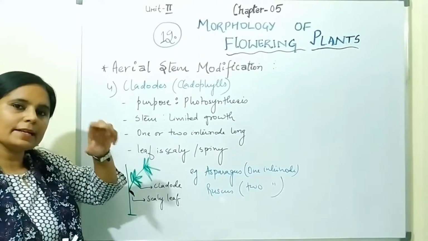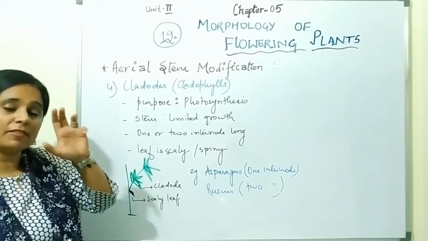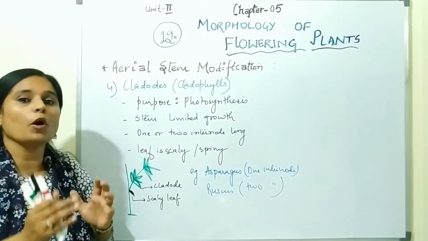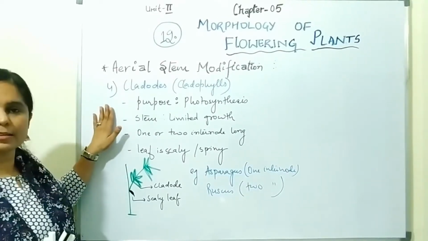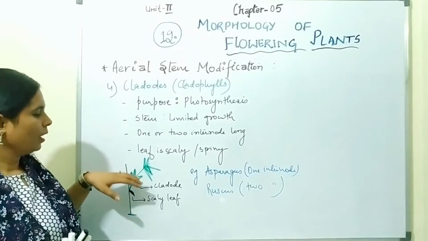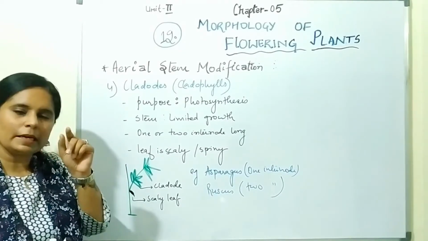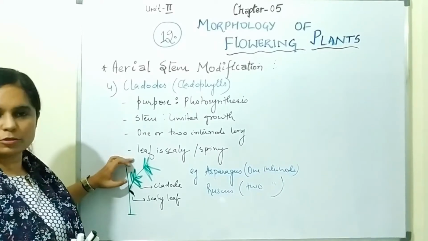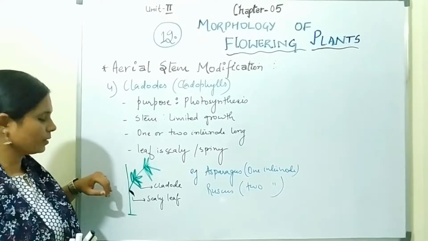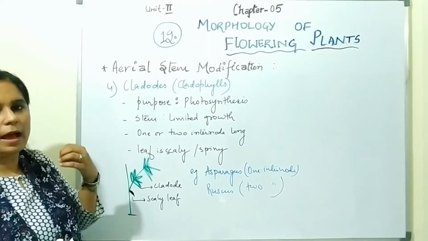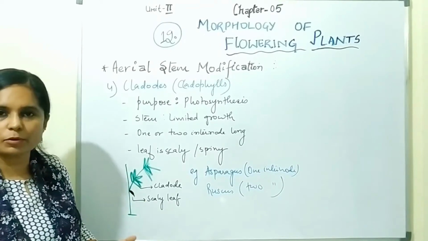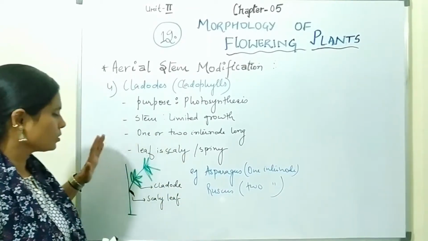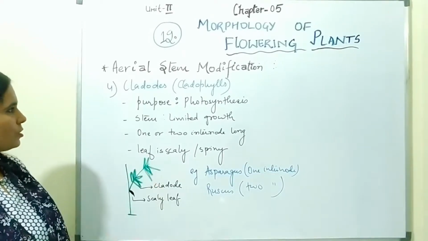But in phylloclade the stem is modified into a thick, fleshy, broad structure. Whereas in case of cladode, there are a few thin stems which have lost growth, and they also look like a leaf. As they are having spiny leaves and the leaves are scaly, they are not able to do photosynthesis properly. So the stem has modified into this structure.